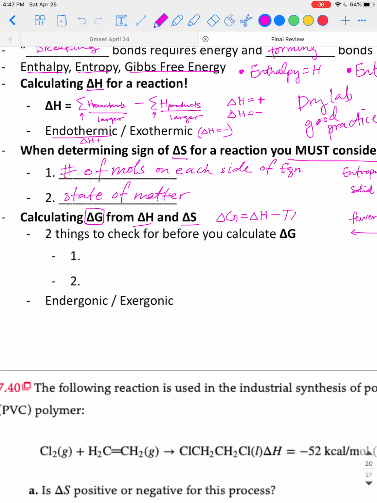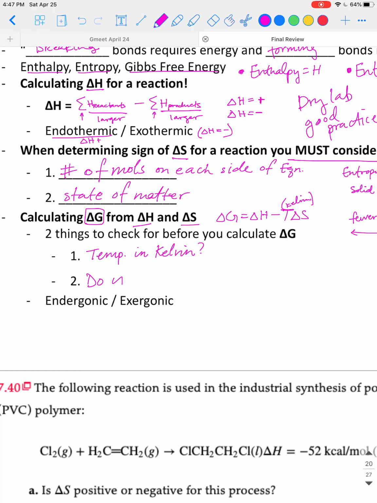and delta S. So remember, the equation is this: delta G equals delta H minus the temperature in Kelvin times delta S. Okay, so this is Kelvin. Alright, so two things to check for before you calculate delta G. Is your temperature in Kelvin?